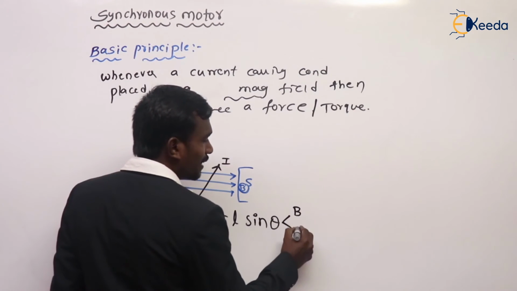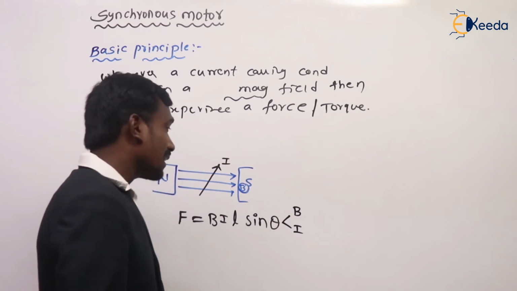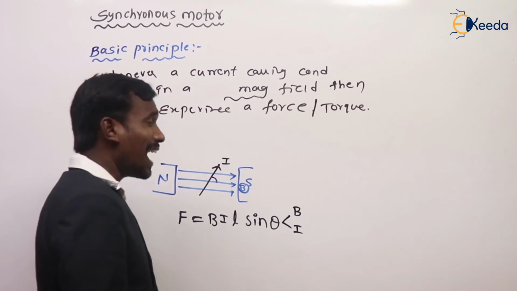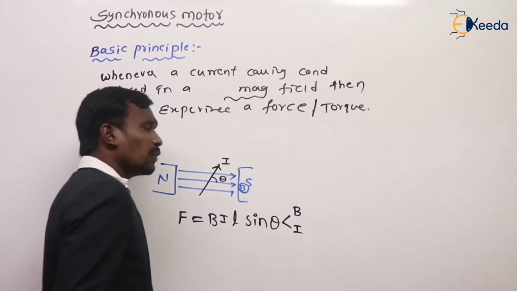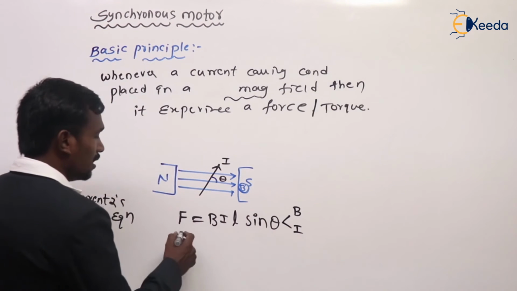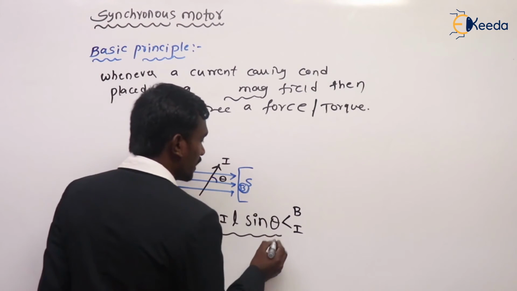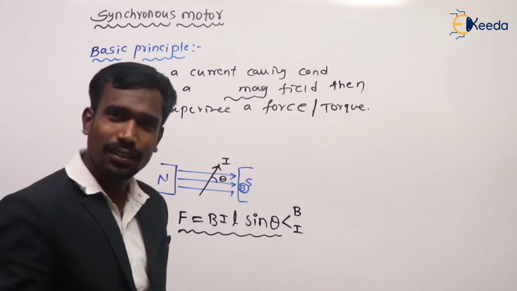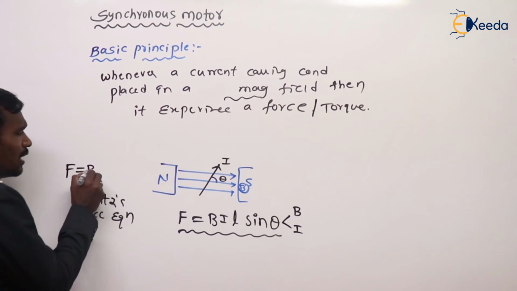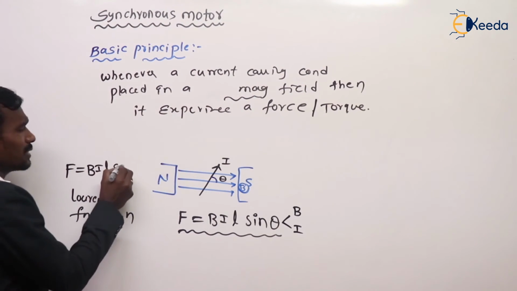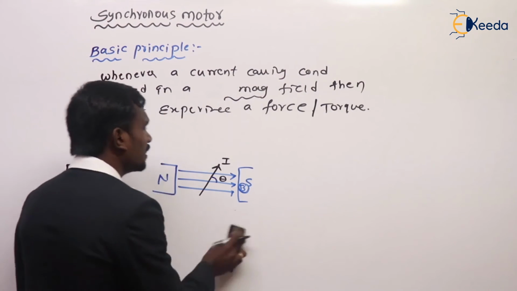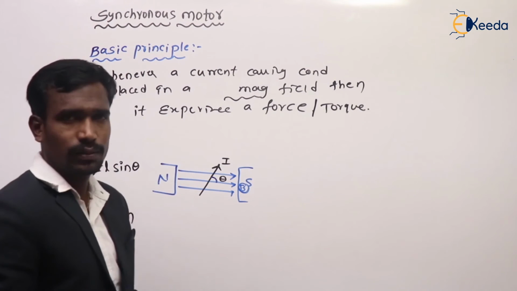Theta is the angle between the flux density and the current. This is the force developed in this conductor. So according to the Lorentz force equation, F equals B I L sine theta. If theta equals 90 degrees, you will get the maximum force.